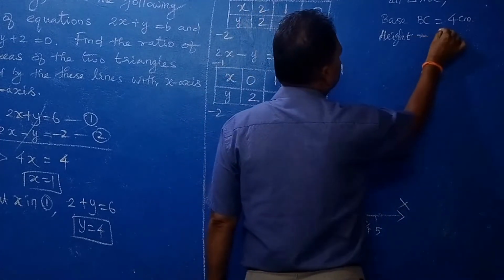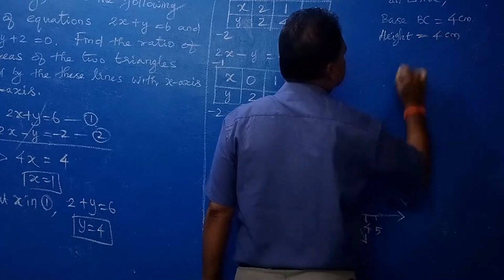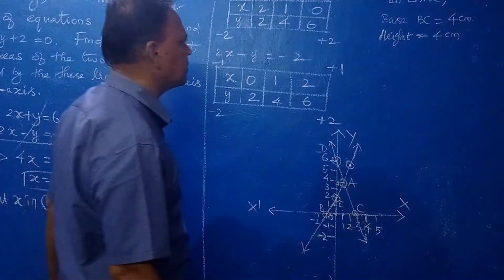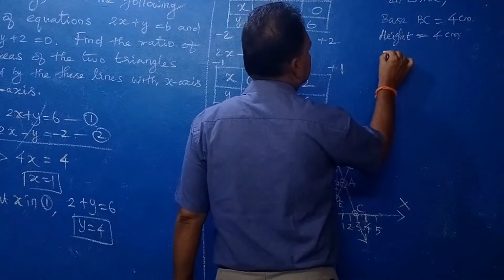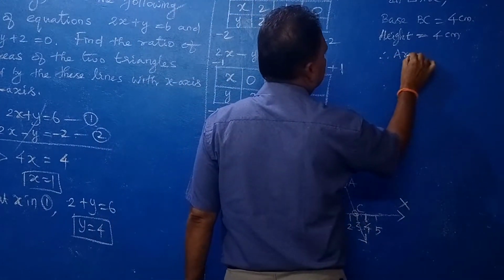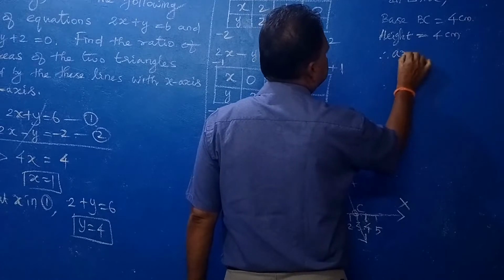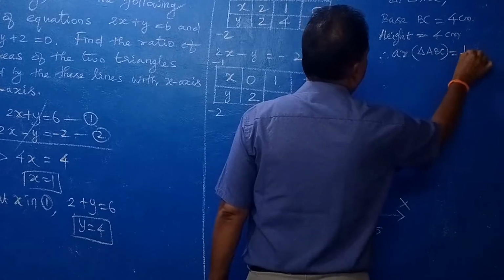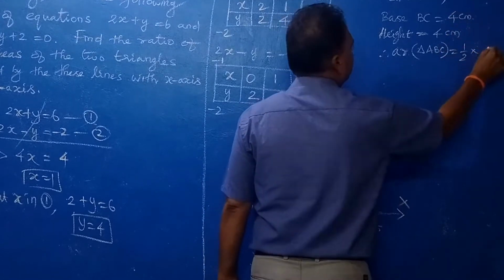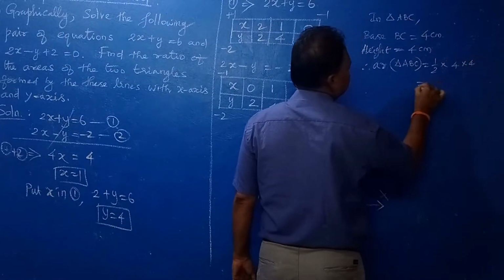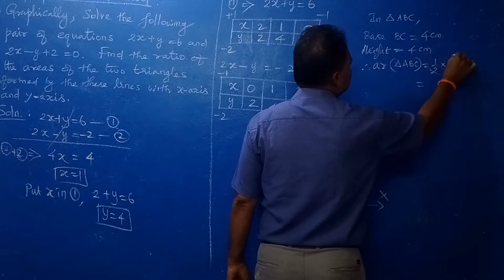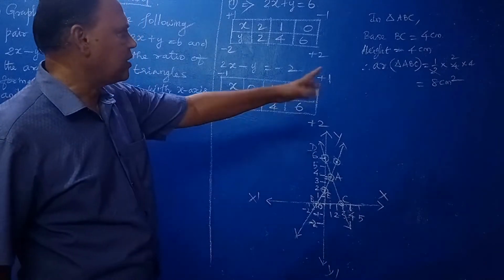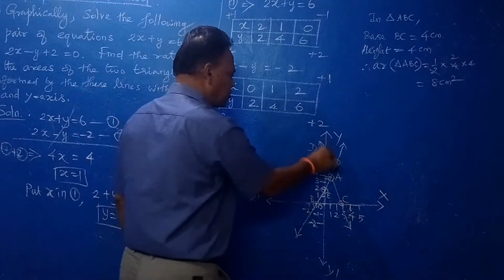You write height equal to 4 centimeters. Therefore, area of triangle ABC is half into 4 into 4. That is, cut it, means 8 centimeter squared.